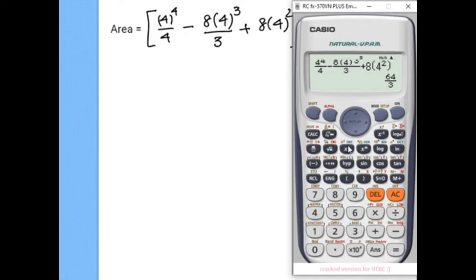Our answer is 64 by 3. So after simplification, we will get 64 over 3. Now I would verify by using the calculator.